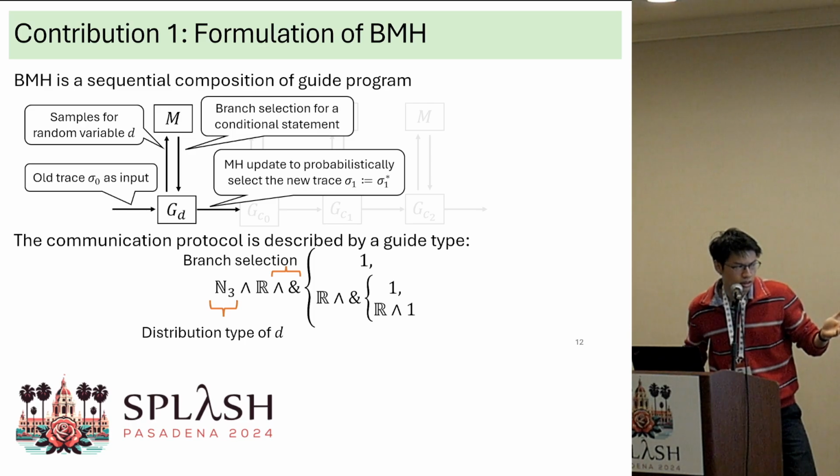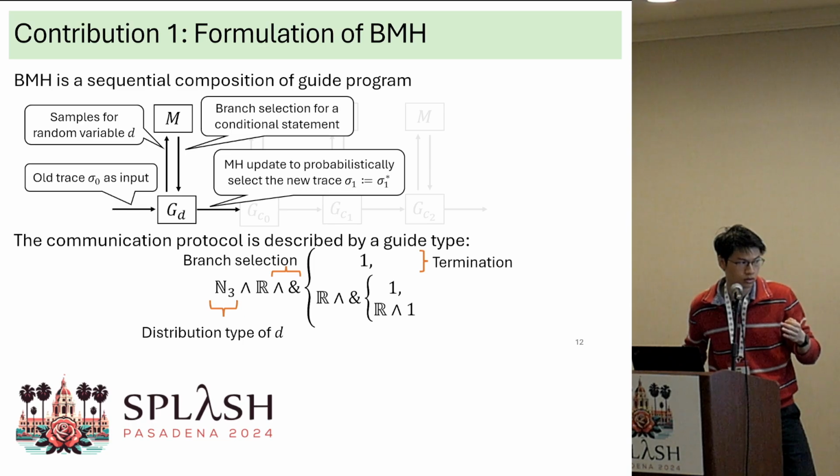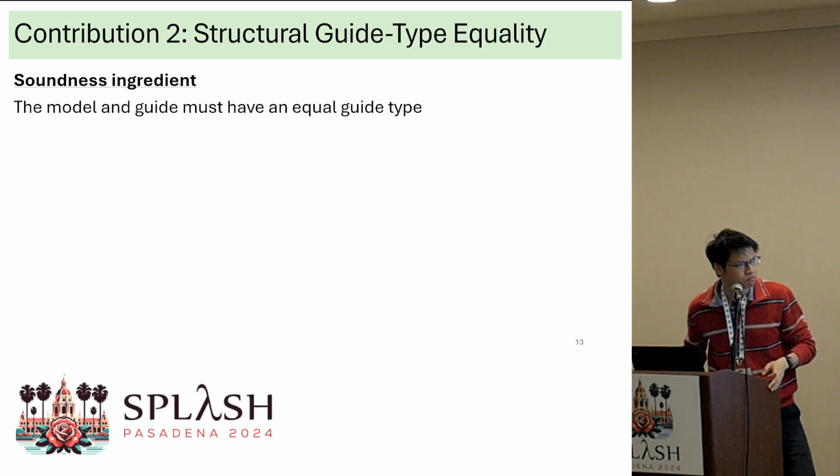And the ampersand in the guide type means that we have a conditional statement. If we pick the first branch, then the guide terminates because there's nothing else to sample for. So this termination is denoted by the guide type 1. Otherwise, in the second branch, the model and guide continue their communication to additionally sample for the linear and quadratic coefficients.